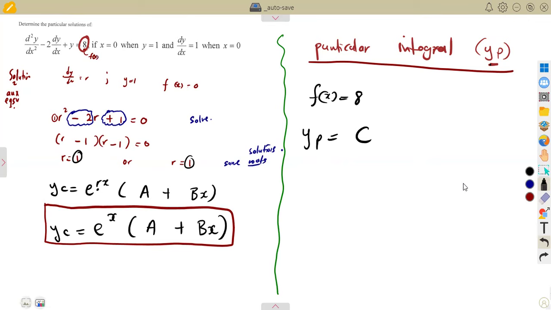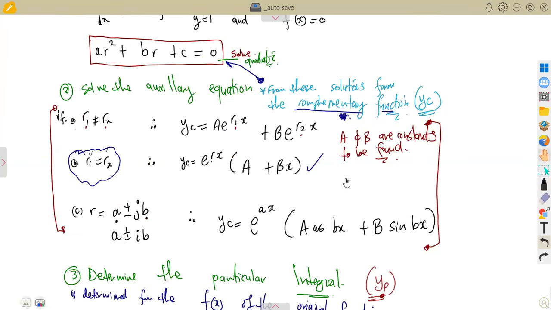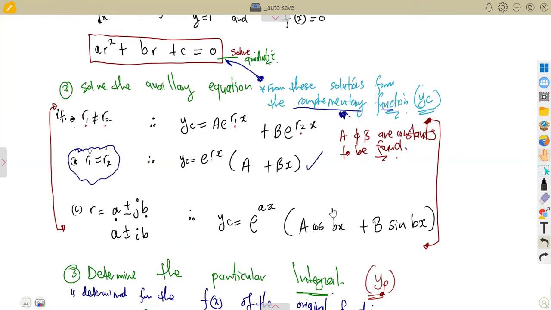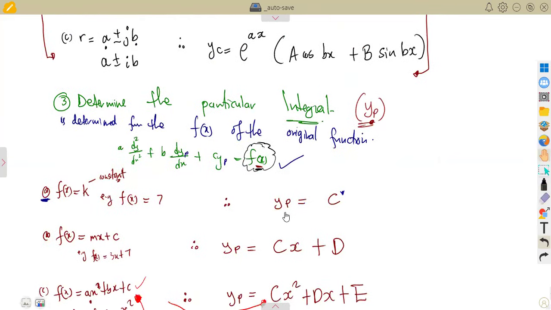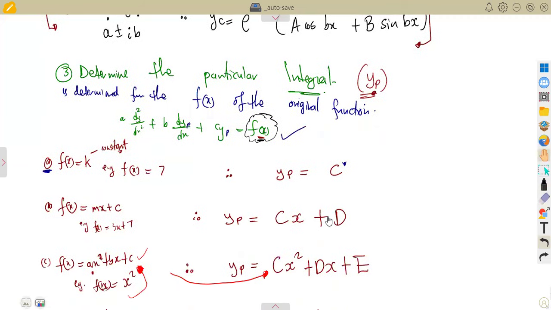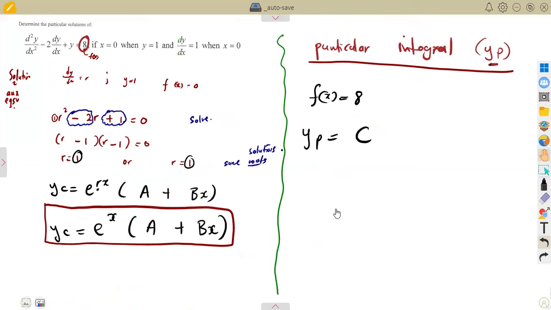Remember what we said here. If your f of x, which is the original function, is equal to k, therefore the particular integral is c, just a constant. But you must find that c. From where now?